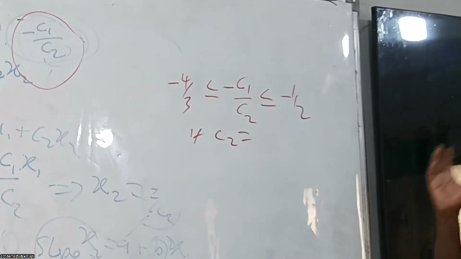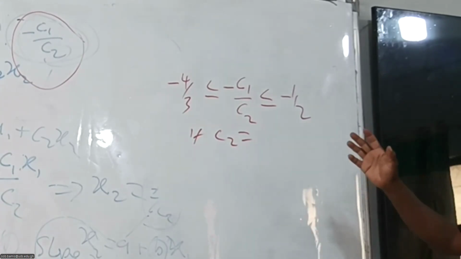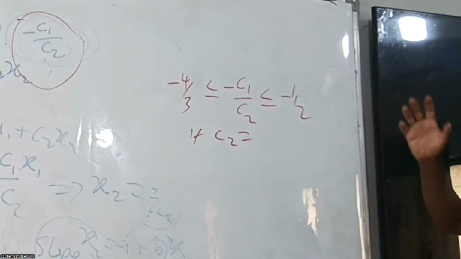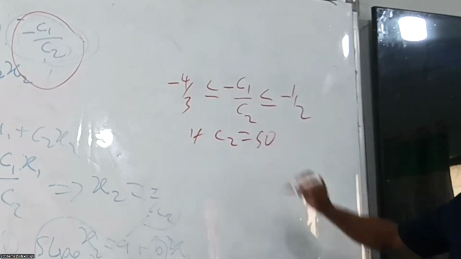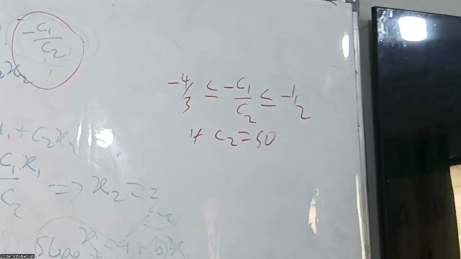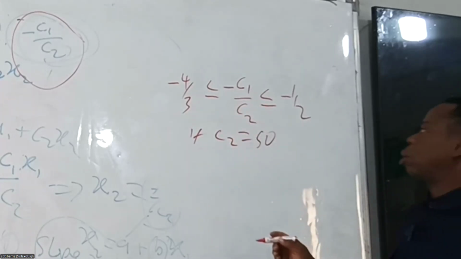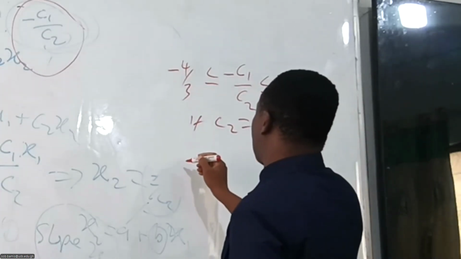Now we have 40, 50. You get 50 profit when you produce a map, and 40 when you produce a book. So if we are using the 50, C2 is equal to 50. Then in place of C2, we can put 50 there.